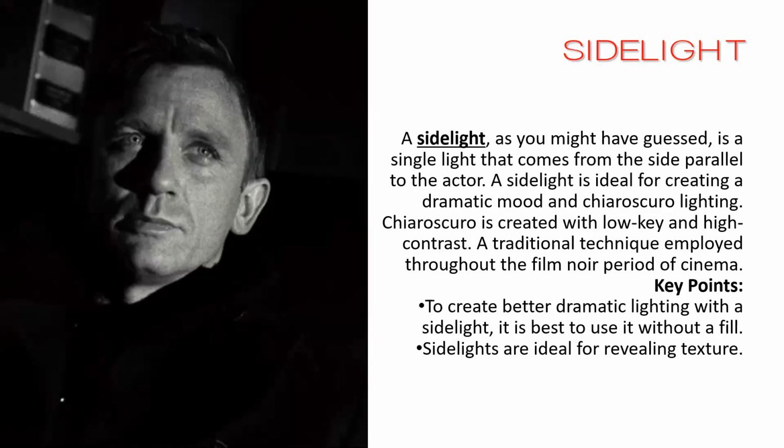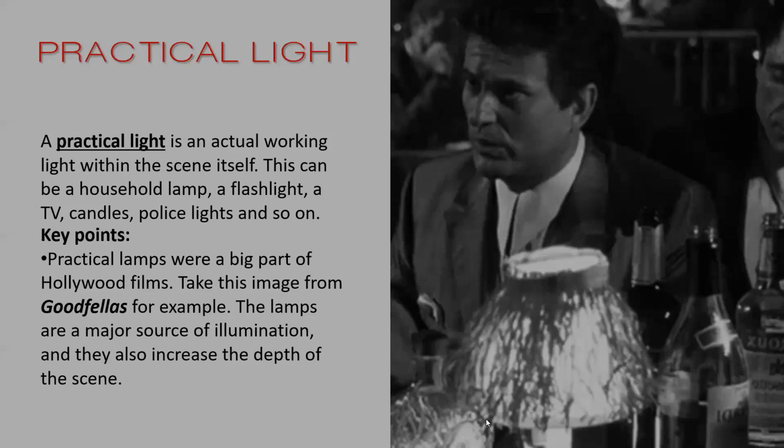Okay, this is usually what is called in Italian chiaroscuro, also known as film noir. This looks great in black and white images. In color, it's not that great. So if you're doing something in black and white, which you can do if you want to, you might be able to use this type of lighting to create dramatic effects.